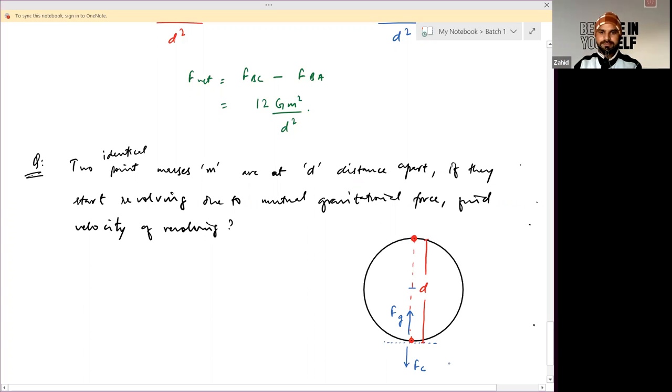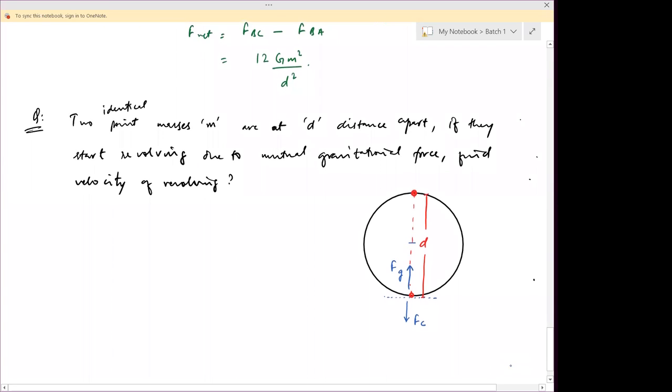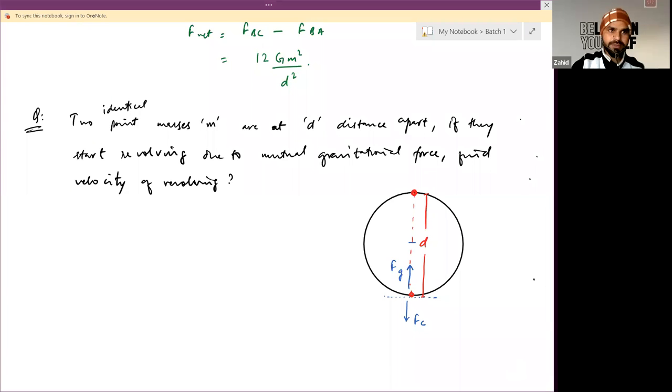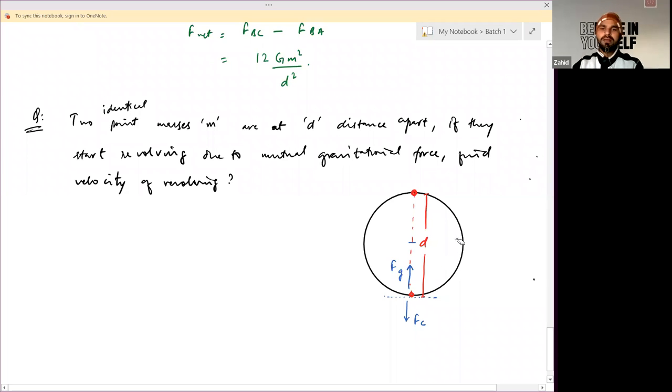Is it clear? Just 1 minute, I'm defining one more. We have 2 point masses, this and this, separated at some distance d apart. So there will be gravitational force between these two. Now, due to this gravitational force, this system starts revolving about one another in this circular path.